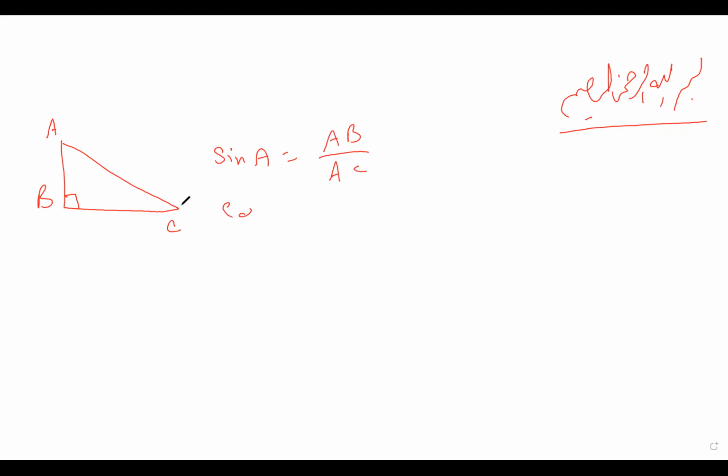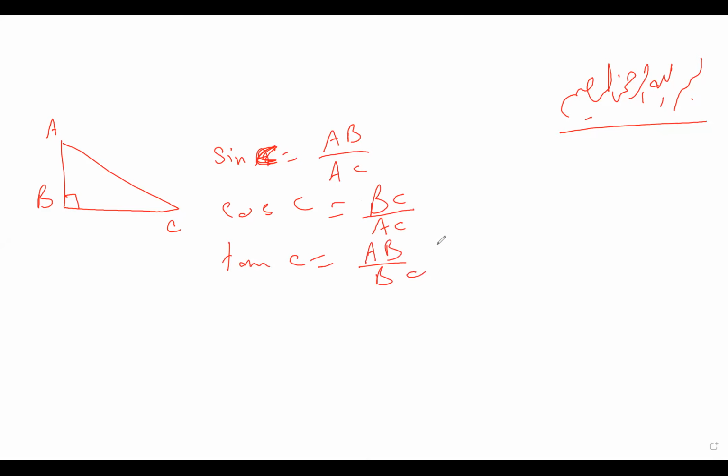Then sine C. Cosine C equals BC, adjacent, over the hypotenuse AC. We said tan C equals opposite over adjacent, which is AB over BC.